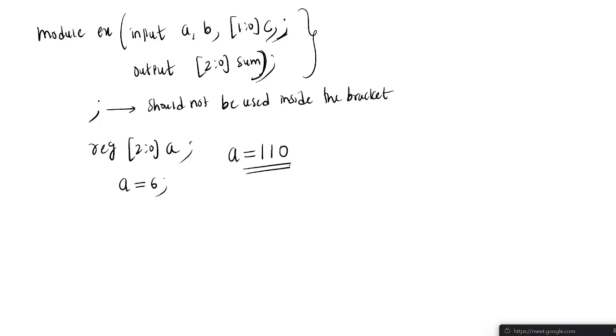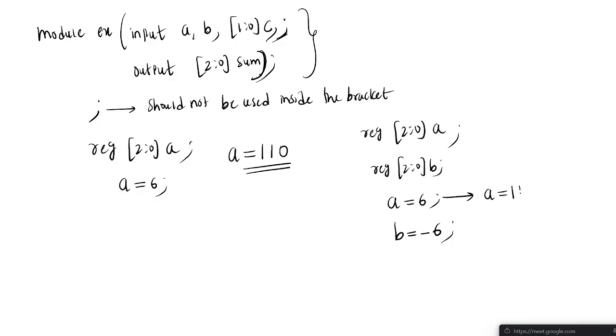Suppose I give range [2:0] a and [2:0] b. These are how many bits? 3 bits. Giving a equal to 6 and b equal to minus 6, how will it show? a equal to 110 it will show.